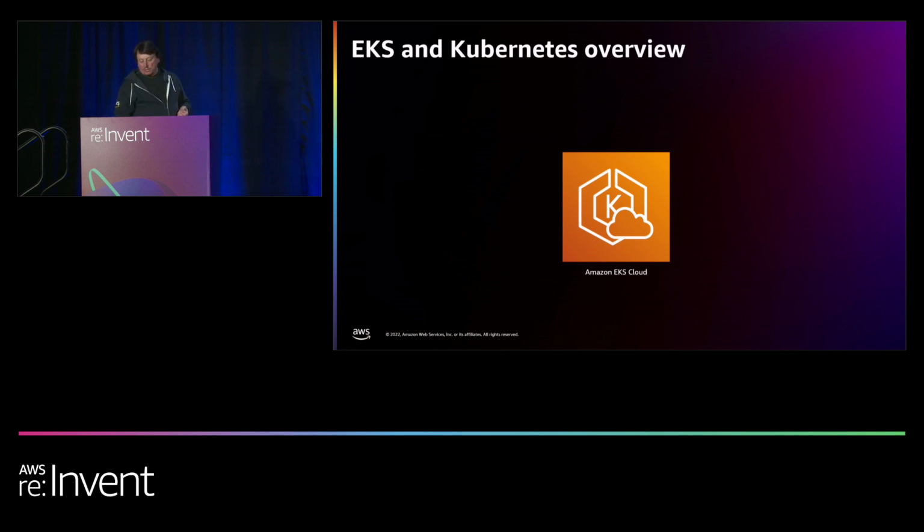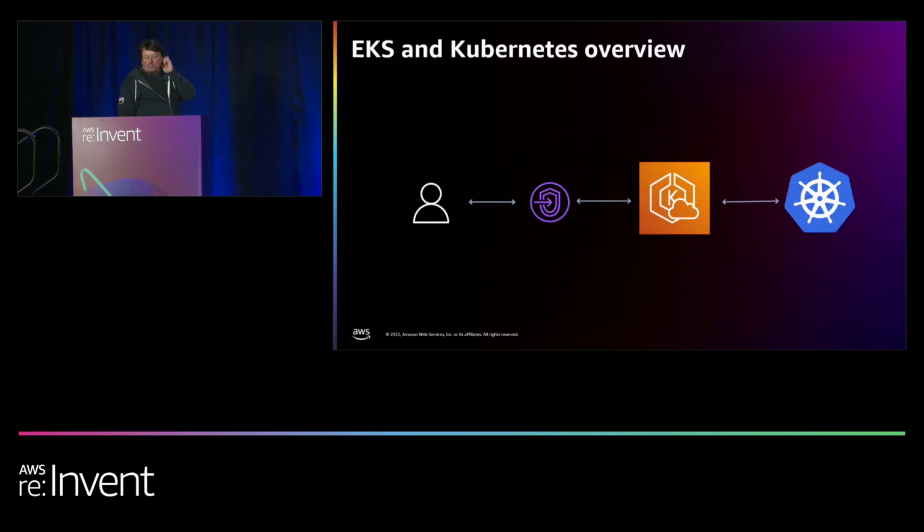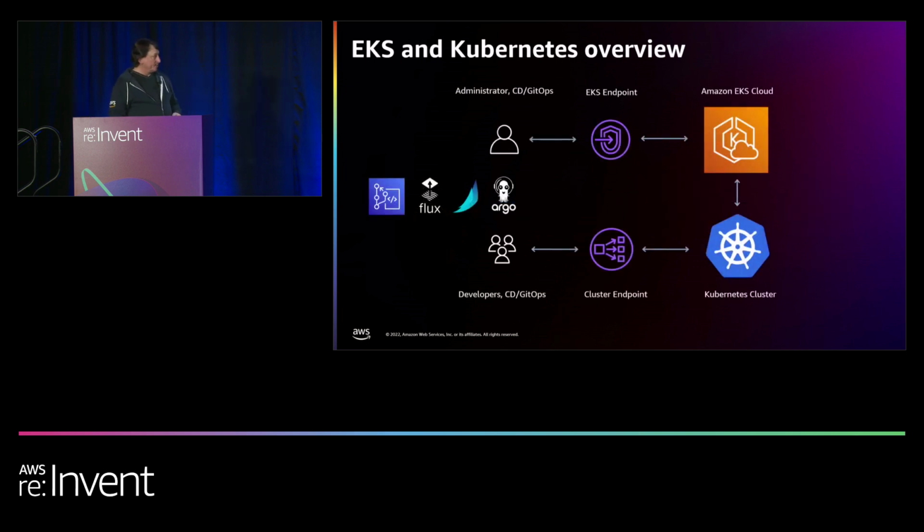The service is exposed as a regional endpoint, and it manages a single tenant Kubernetes cluster. So what I really want you to take away from this is that everything that I'm going to share in the following slides is relevant to every cluster that you operate. So every cluster that is running your services, the following is true.